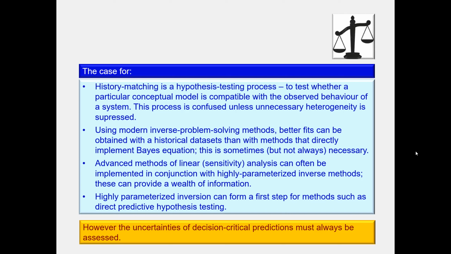And if the model is going to be used to make predictions of management interest, that potential has to be explored if modelling is going to support the decision support process correctly.